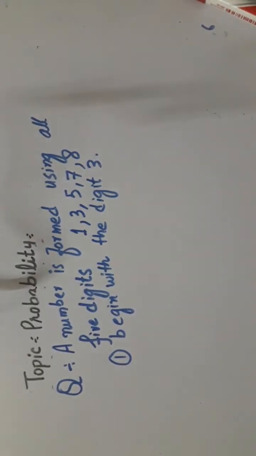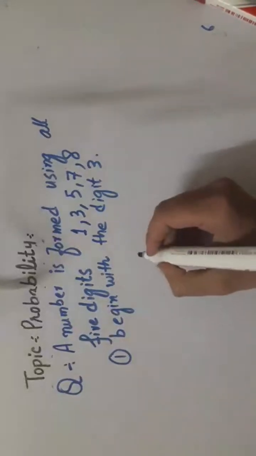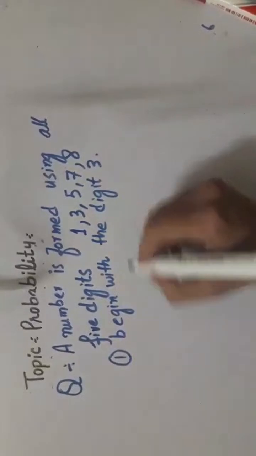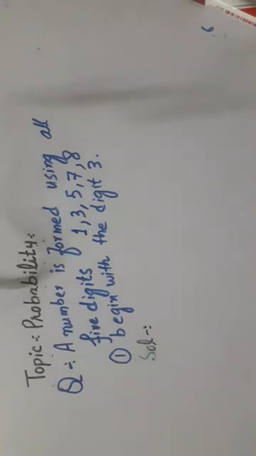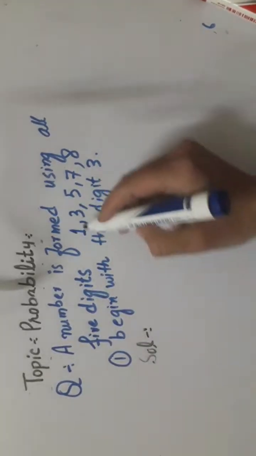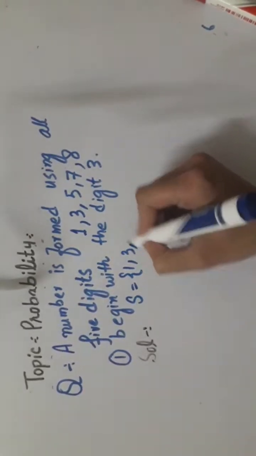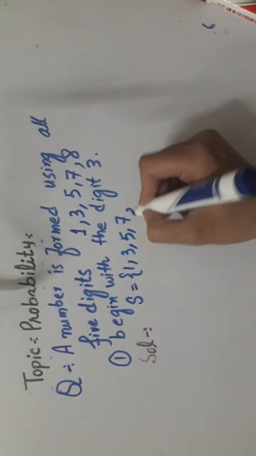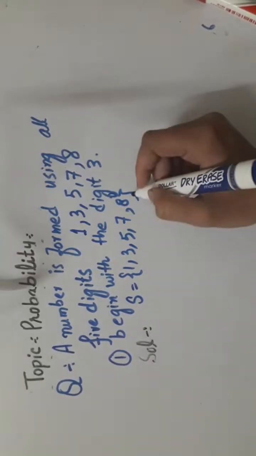many other combinations. We will suppose the total number of permutations is equal to the number of elements in the sample space. The numbers are 1, 3, 5, 7 and 8. These are the 5 numbers.